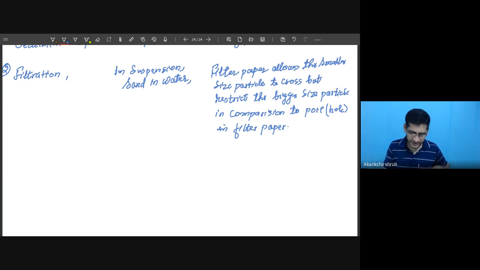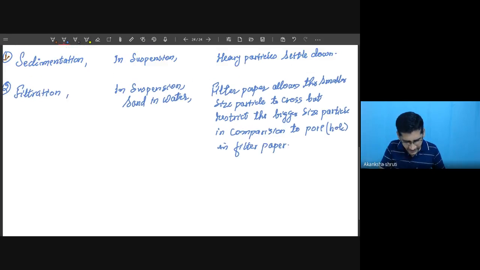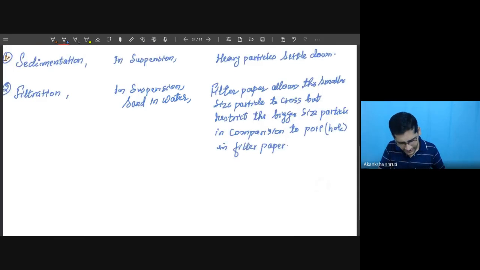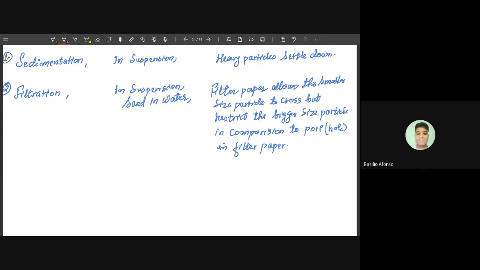Okay, students, so this is important. Filtration is one of the important techniques, so we have to keep this in mind. Do not forget this. It is most common for sand in water or chalk powder in water.